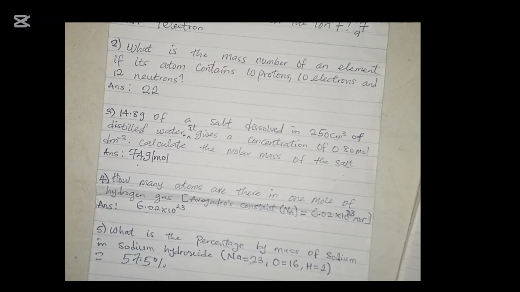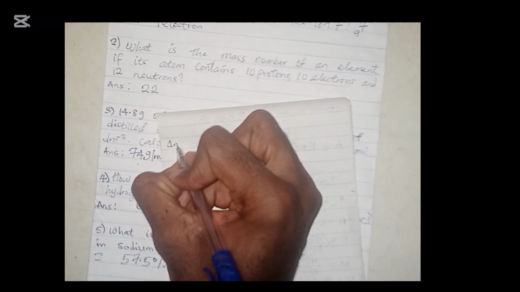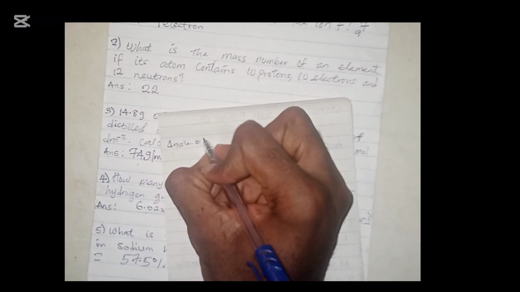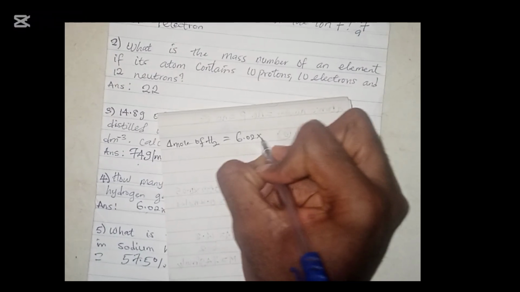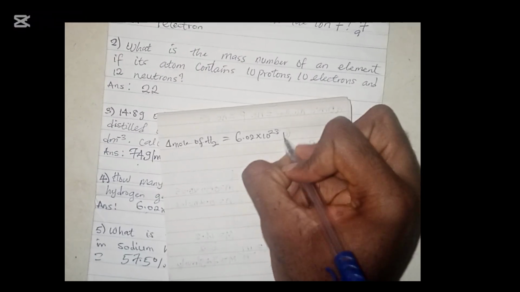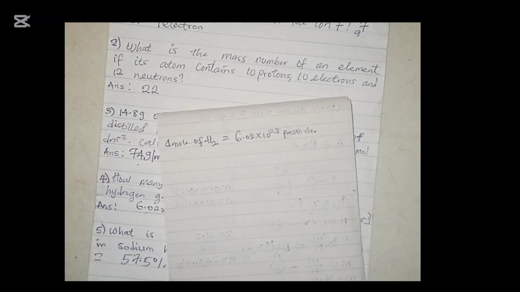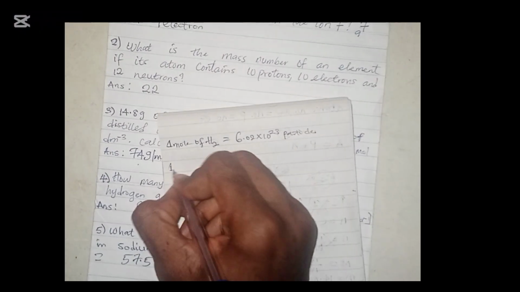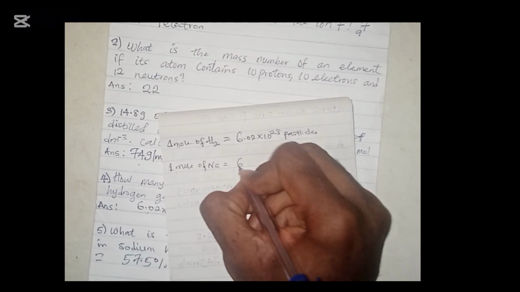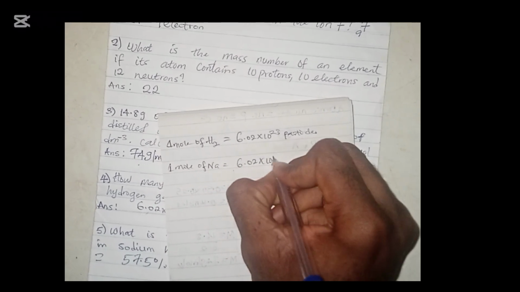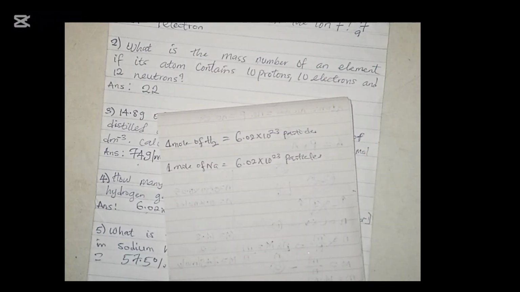So if I ask you, for instance, give me 1 mole of hydrogen gas, it means give me 6.02 times 10 to the power of 23 particles of hydrogen gas. If I tell you give me 1 mole of sodium, it means 6.02 times 10 to the power of 23 particles of sodium.